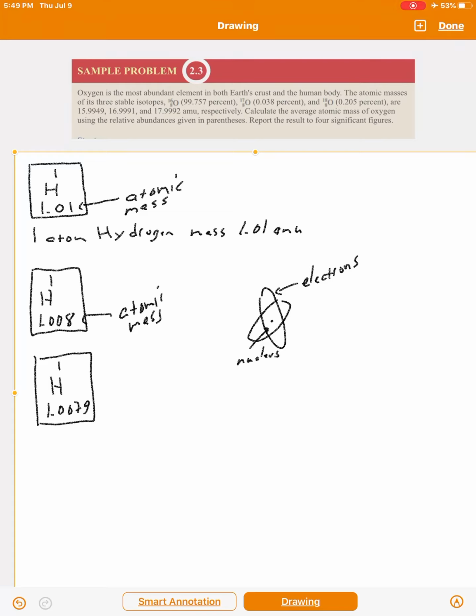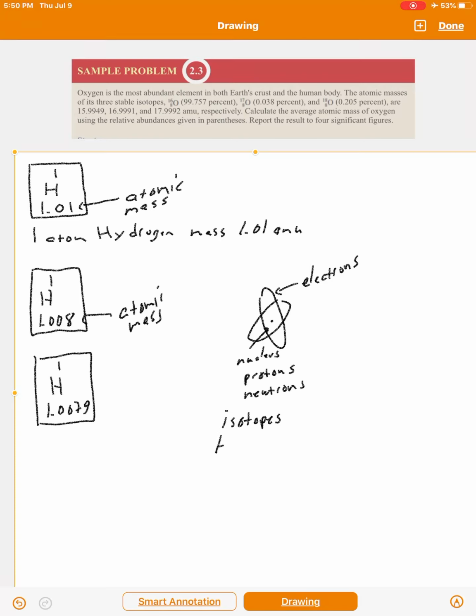The nucleus has protons and it has neutrons. And it turns out for every element in the periodic table, you can have what are called isotopes. And isotopes are atoms that have differing numbers of neutrons but are the same element.